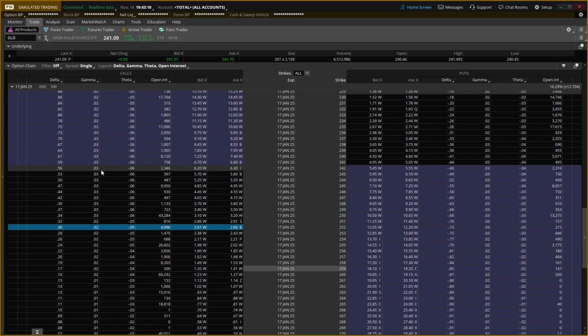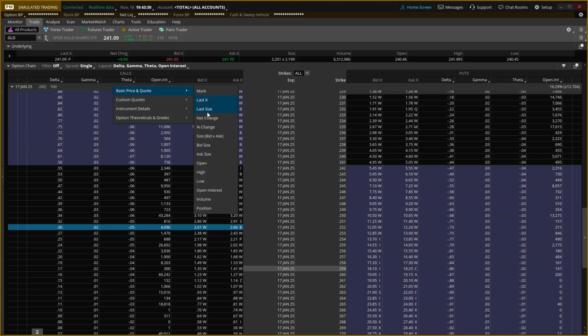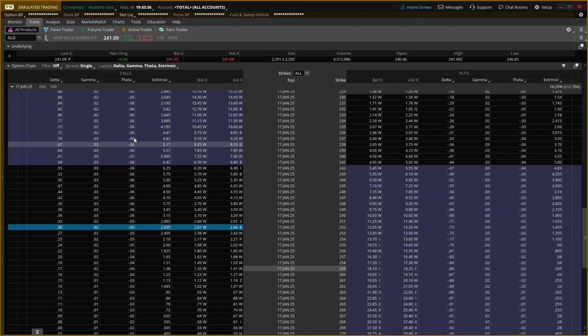We all know that when we get into a trade, if we buy an option in here, if you'll notice this 70 delta option, theta is 6 cents a day. Whatever we paid for premium on this trade, if I change this column here to extrinsic value, what we know as a fact in every trade is if this trade doesn't move, we're going to lose $480.